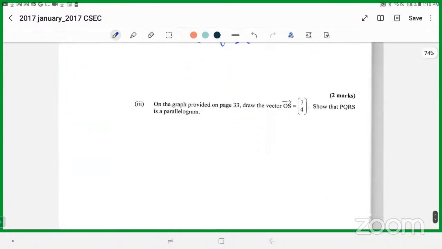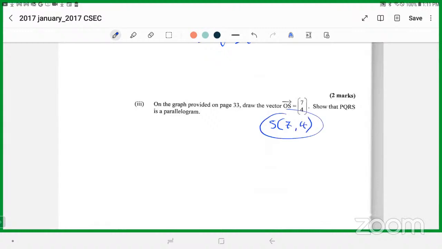Down here says now, on the graph provided on page 32, draw the vector OS, 7, 2. Now, if OS is 7, 2, as a position vector of S, it means that the point S has the same values, not 7, 2, but 7, 4.